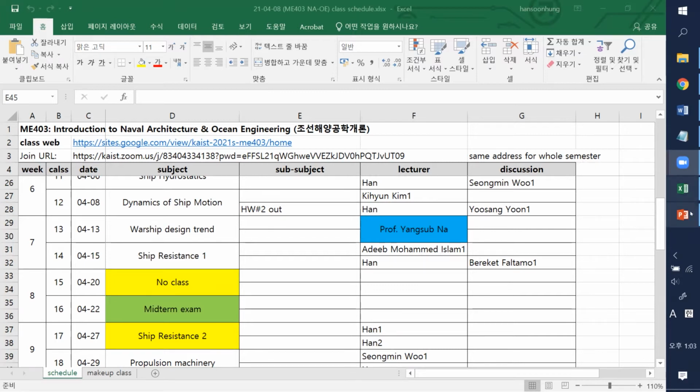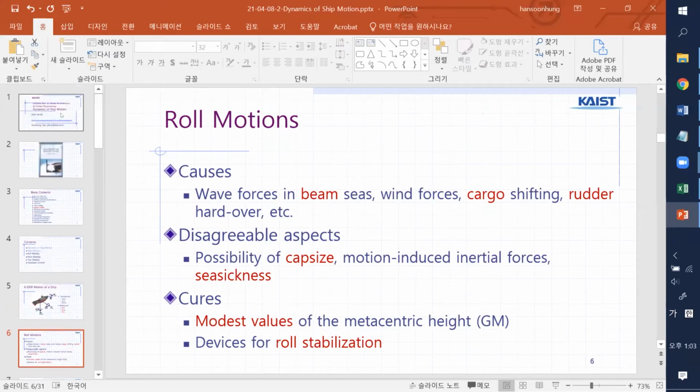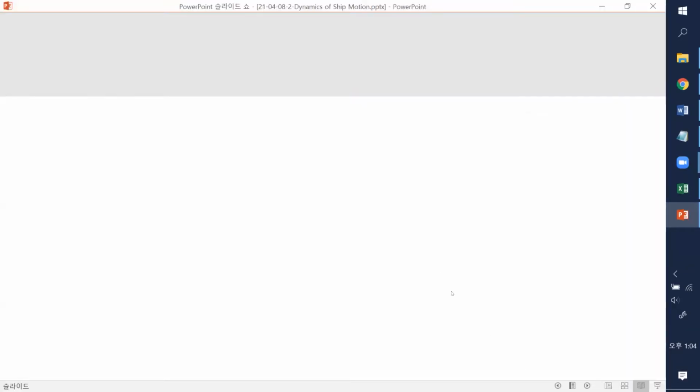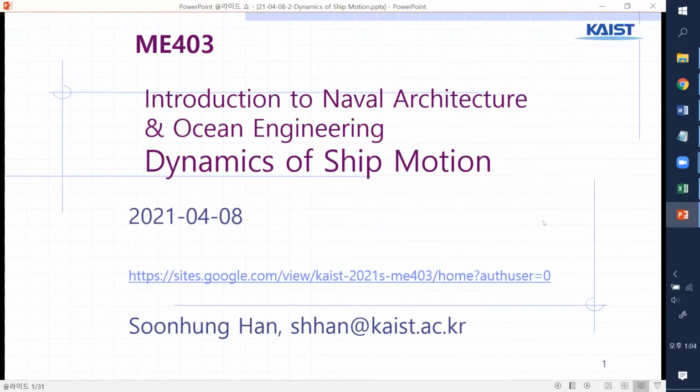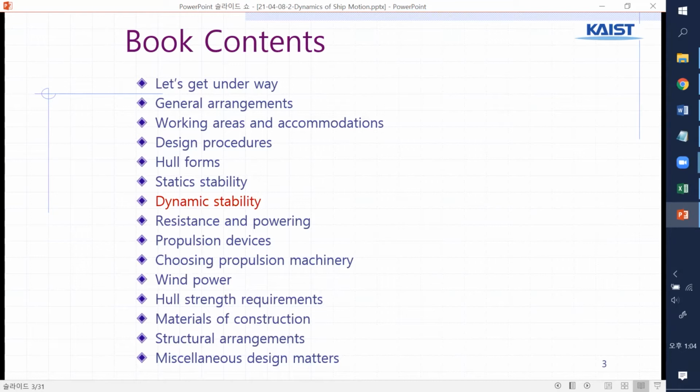No? Then I can continue or start my second part of ship motion. So this is the book we are covering. And the chapter is dynamic stability or ship motion.